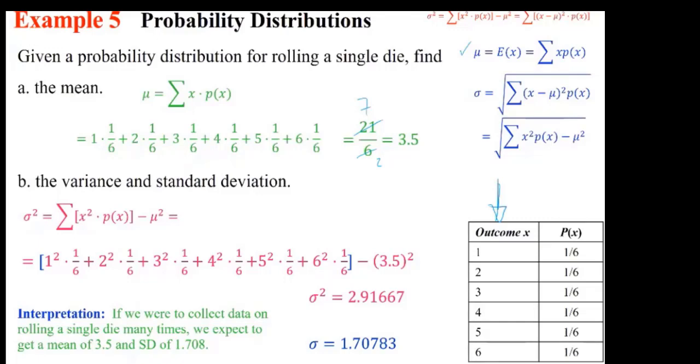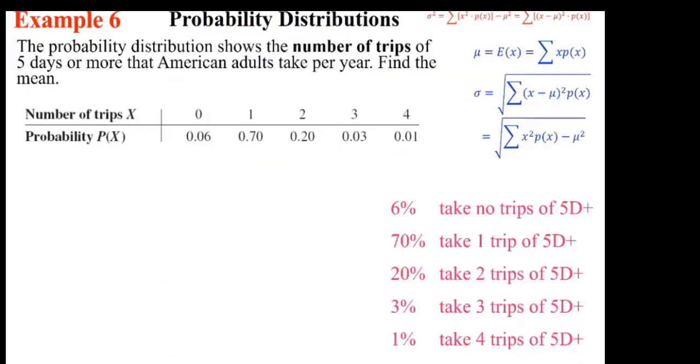So we are exploring this concept by looking at more examples. Here's the next one. We are given some data. As you can see, the probability distribution shows the number of trips of 5 days or more that American adults take per year. 5 days, 4 days, 7 days, whatever the case might be.